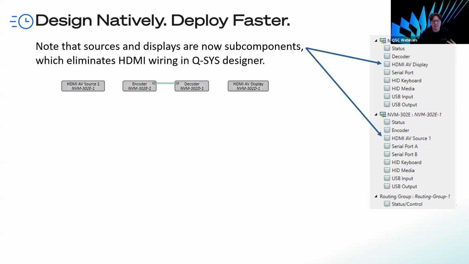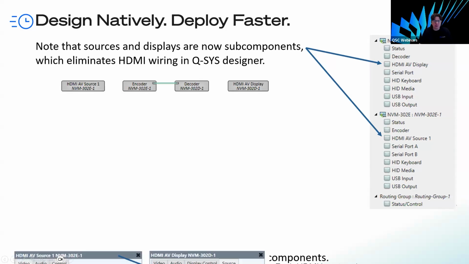We realized that every time you put in an encoder, you need a source. Every time you put in a decoder, you need a display. So we've lumped those together and built them in for you, which saves you a lot of time and hassle in terms of programming. If you don't even want to put the source and the display into your file, you can still technically route from point A to point B without them.